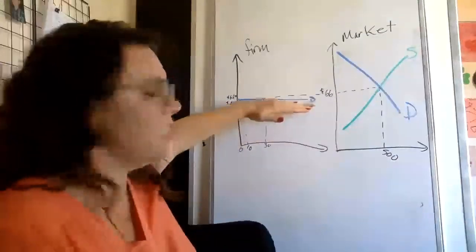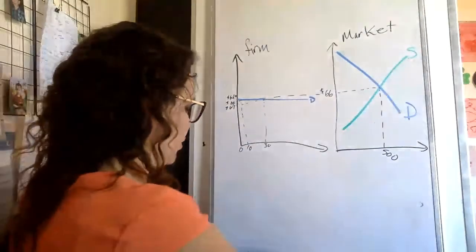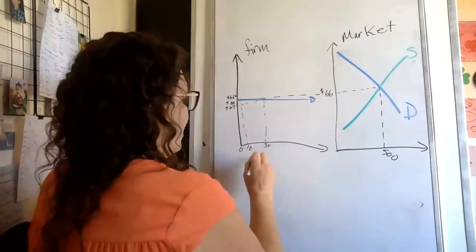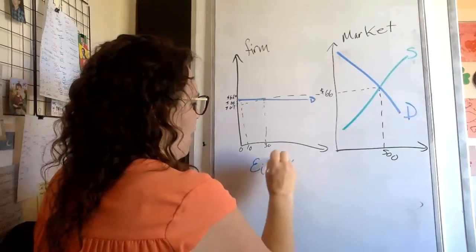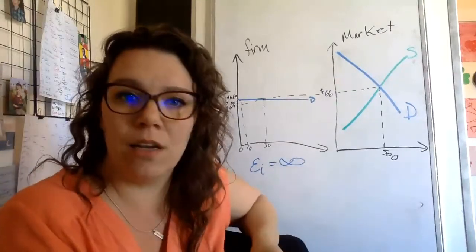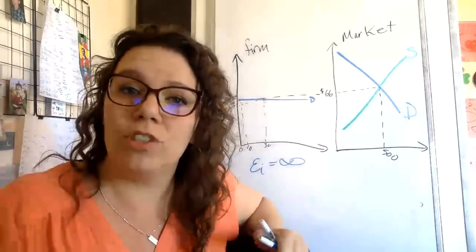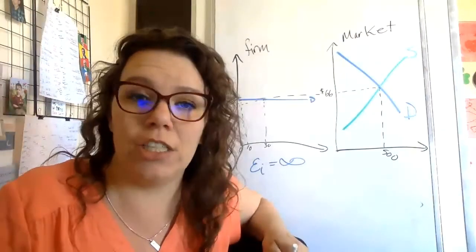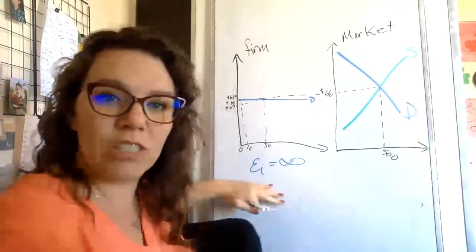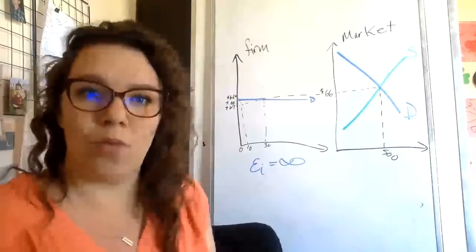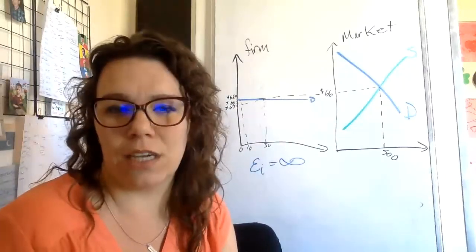This is close enough to flat, close enough to an elasticity of infinity, where changing a price by 1 penny results in an infinite change in quantity demanded. It's close enough to that we can model it that way. And that was the whole point of that exercise.